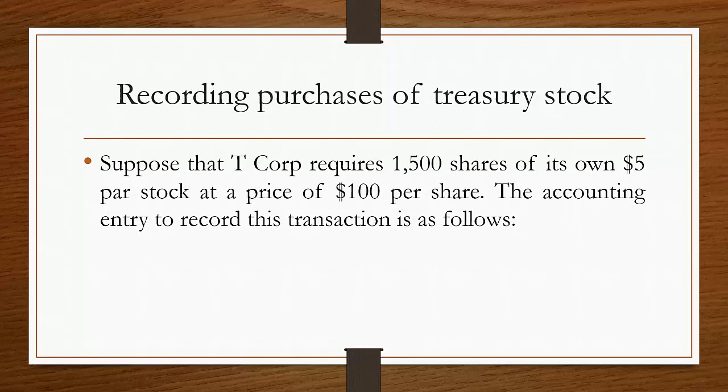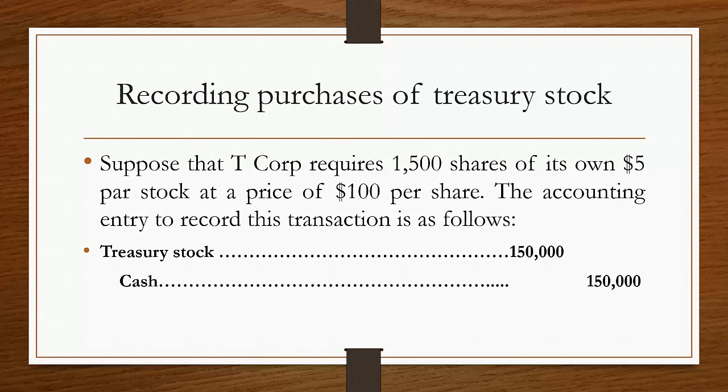The accounting entry to record this transaction is as follows. Treasury stock 150,000 and cash 150,000. So treasury stock will be debit and cash will be credit.